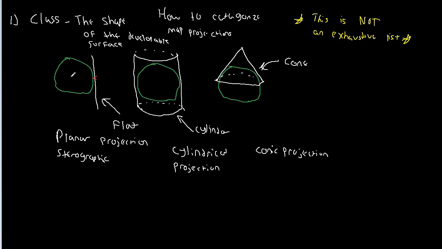Well, for ease of explanation here, let's keep the projection source in the middle of the reference globe. And let's imagine that we have light coming out. Let's just go ahead and have it come out kind of like this in all four examples, right?